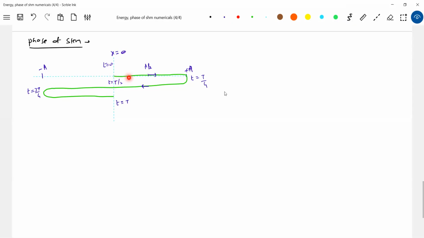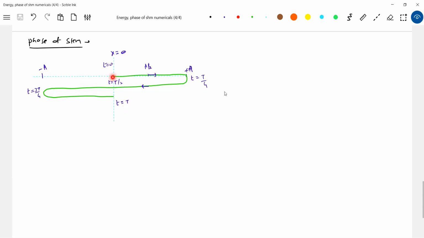At t equals 0 it will start. At T by 4, it will reach the right extreme. Then it will move from right extreme to mean. At T by 2, it will be at mean. At 3T by 4 it will be at the left extreme. Again at t equal to capital T, it completes one oscillation. So the time taken to complete one oscillation is the time period.